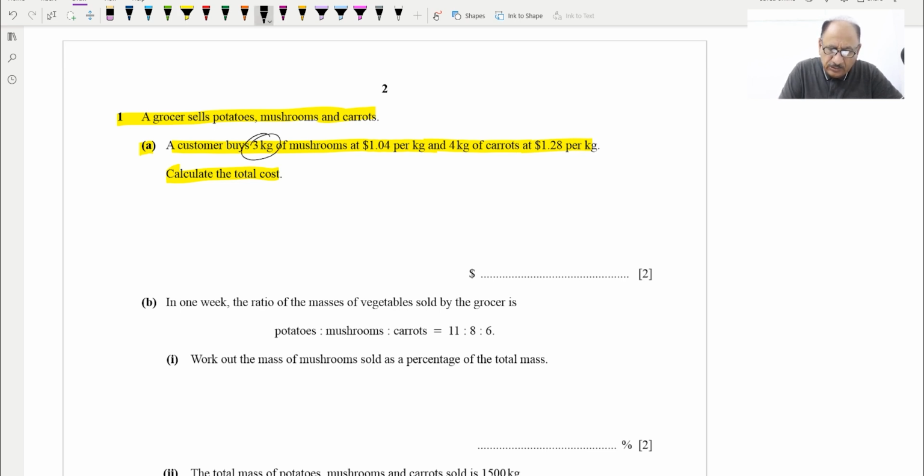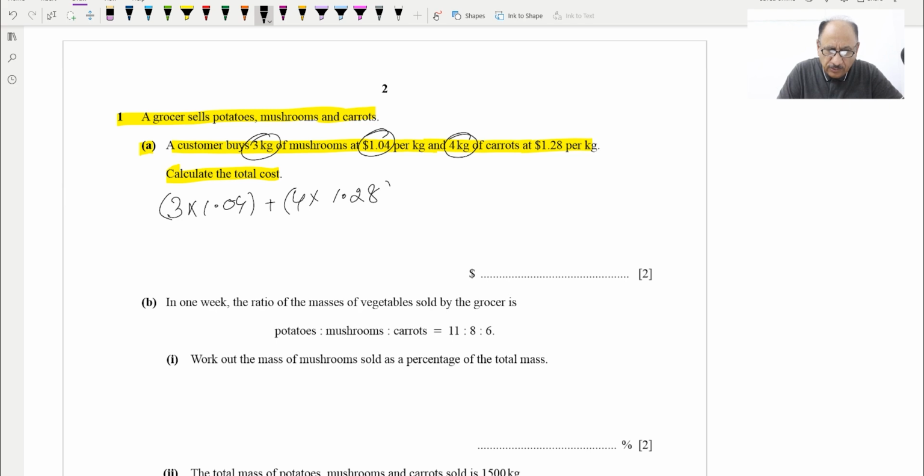So 3 kg at this rate, so this will be 3 multiplied by 1.04, and the other one is carrots, 4 kg at 1.28.